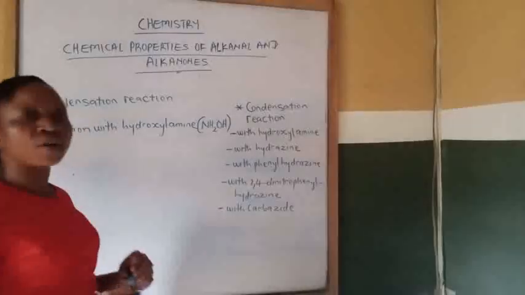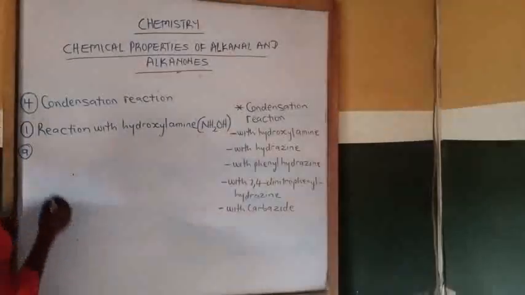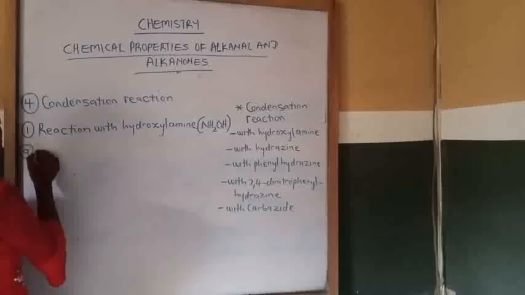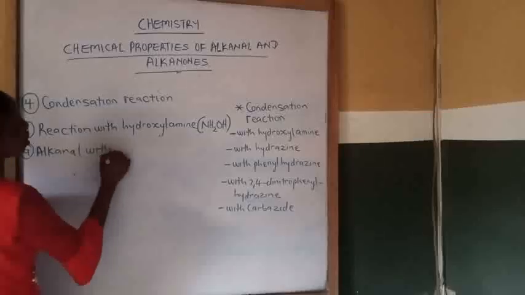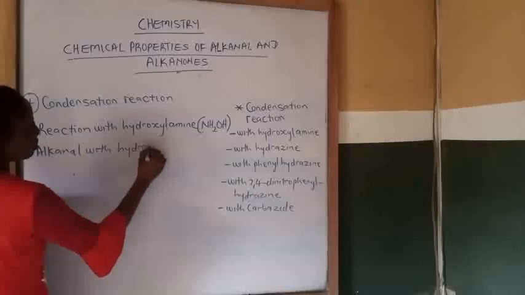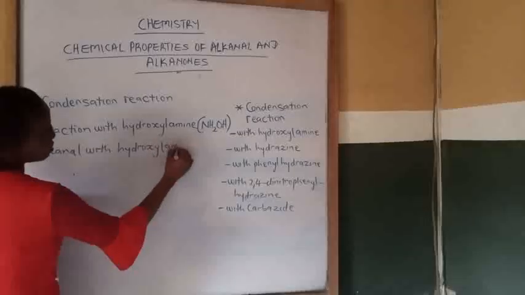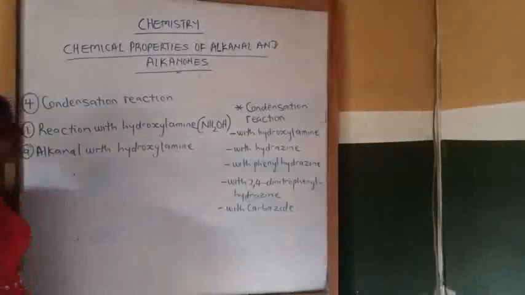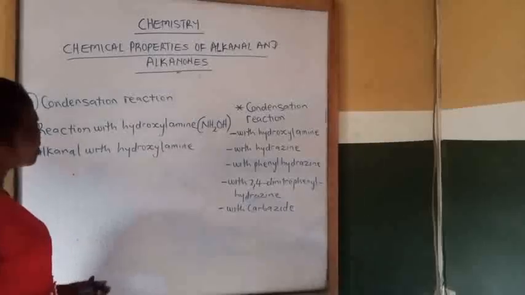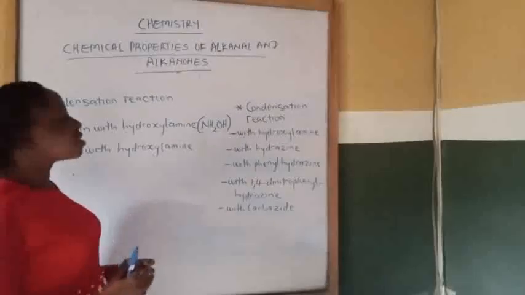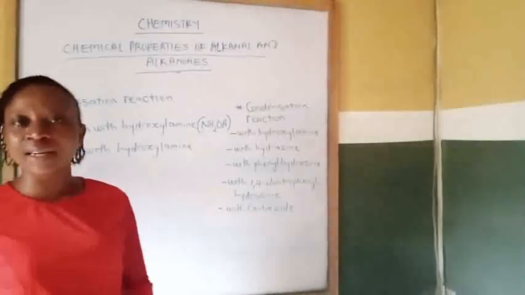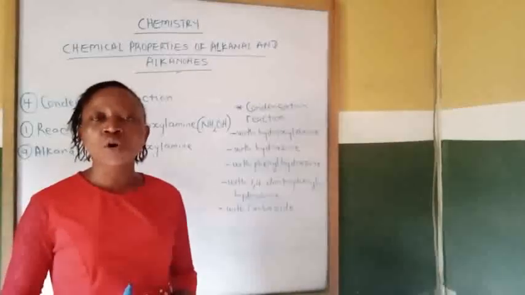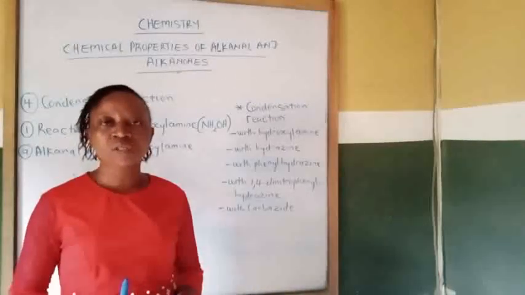Reaction of alkanal with hydroxylamine. When hydroxylamine reacts with either alkanal or alkanone, a compound called oxime is formed.